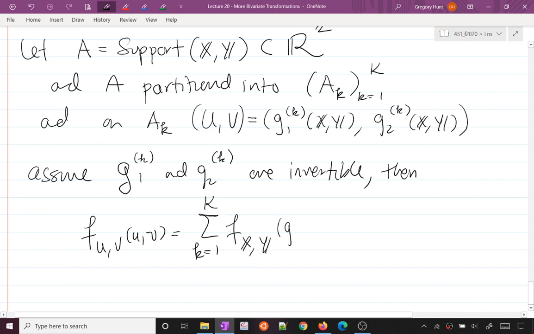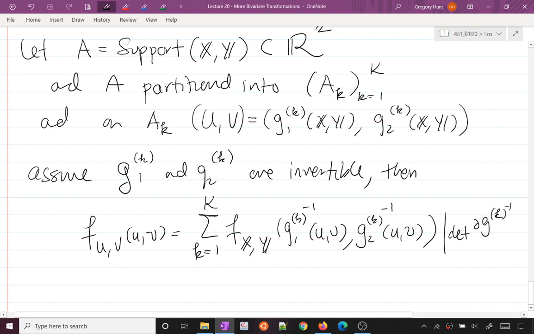It's a little bit cumbersome notation, but I'm going to take my joint PDF of x and y, and instead of x and y, plug in g1k and g2k inverse at u and v, and multiply by the absolute value of the determinant of the Jacobian, the derivative of gk inverse with respect to u and v, and then sum it all up.